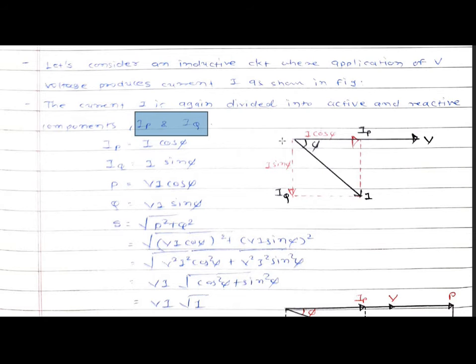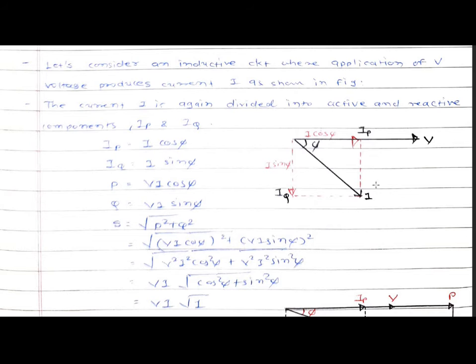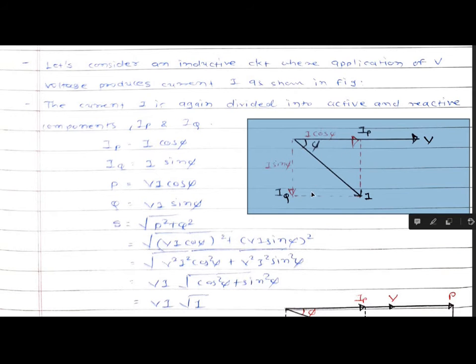In this figure, this is the power factor angle phi, this is the active component of the current, and this is the reactive component of the current. The active component is given by I cos phi and the reactive component is given by I sin phi.